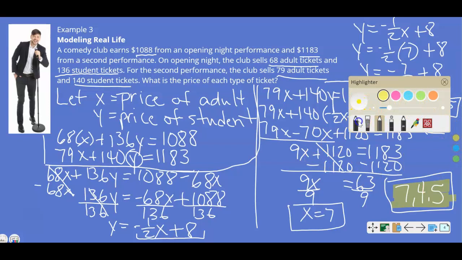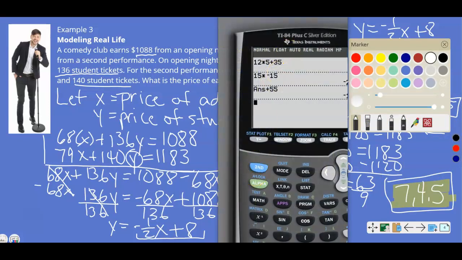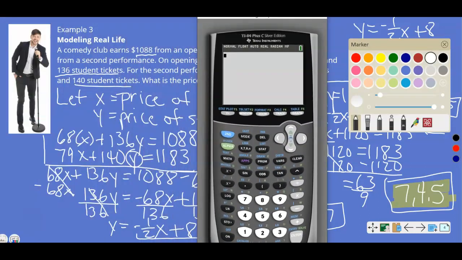All right, since we have run out of room, let's just use our calculator here to plug it in and check it. So we're going to take our original equations here.